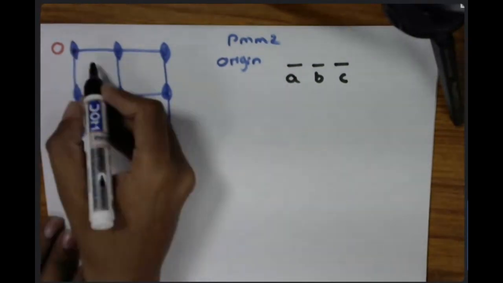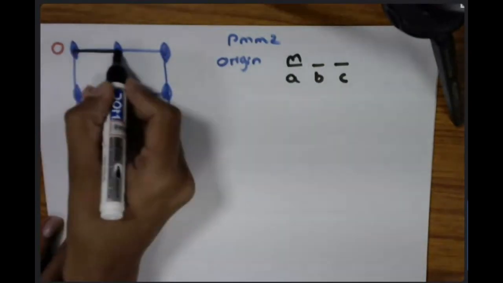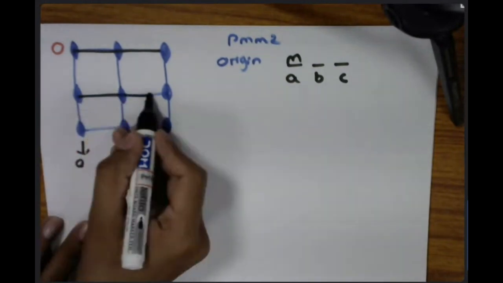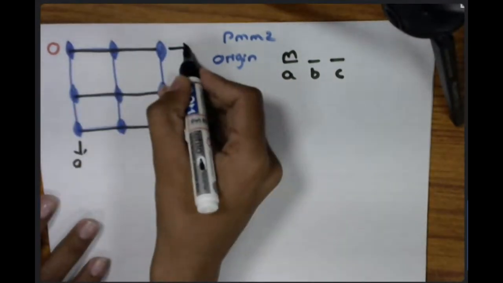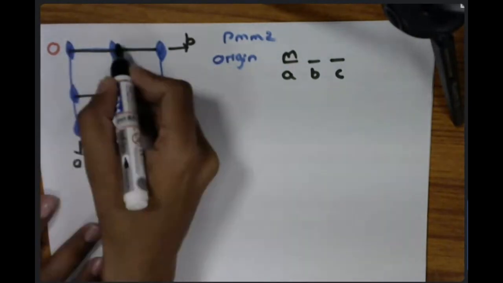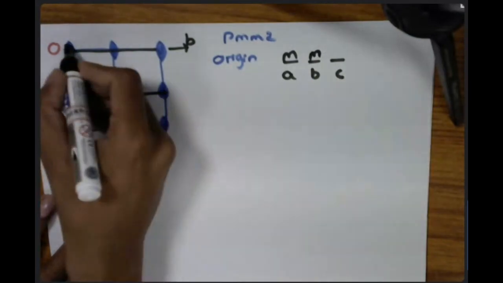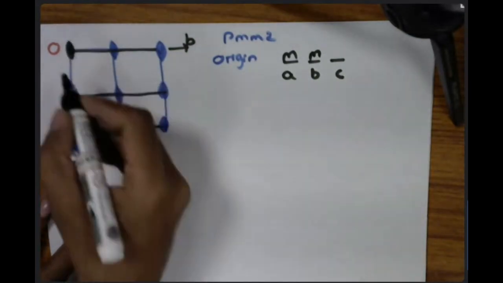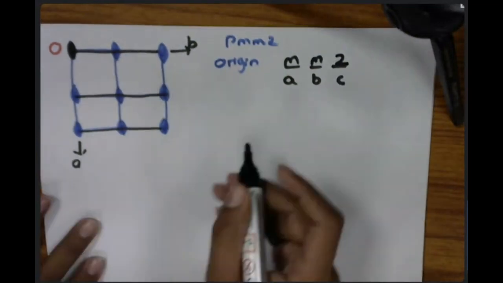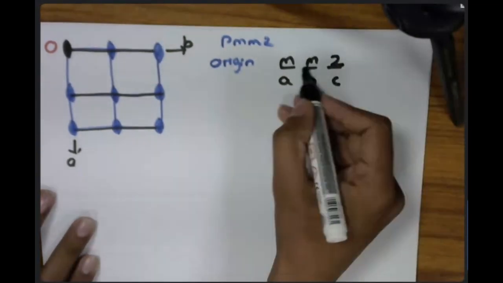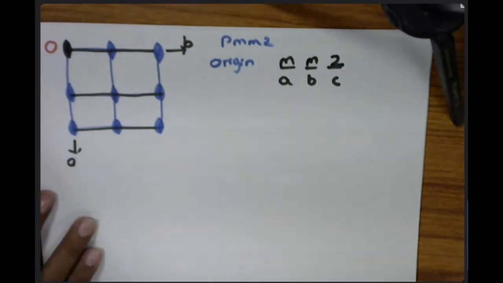There is a mirror which is perpendicular to the A-axis, right? Then there is a mirror also which is perpendicular to the B-axis. Those are these vertical mirrors. And about the C-axis, we know that there is a twofold, a simple twofold. There is no skew, just a simple twofold. So we can write that the origin is lying on mm2.